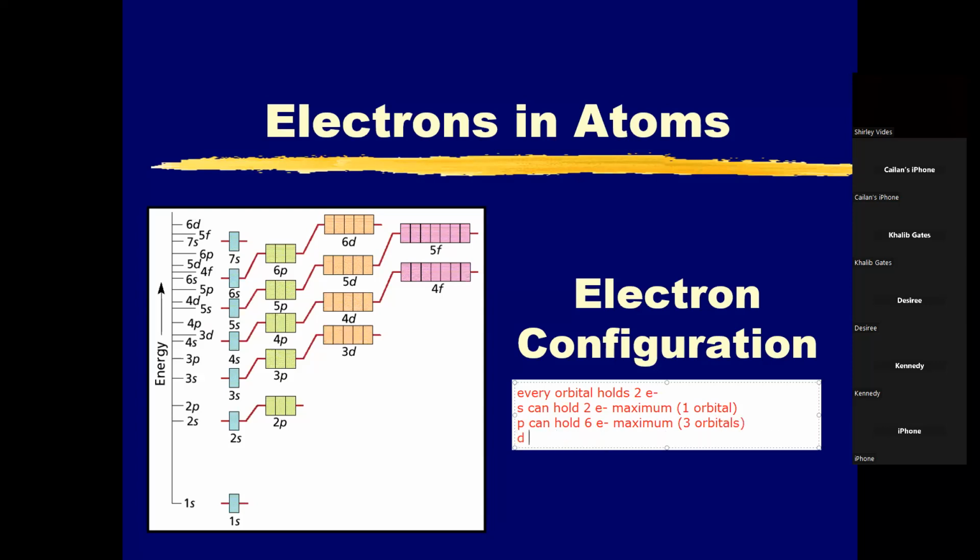The Ds can hold 10 electrons maximum, which means that we have 5 orbitals. And the last one is the Fs, which can hold 14 electrons maximum.